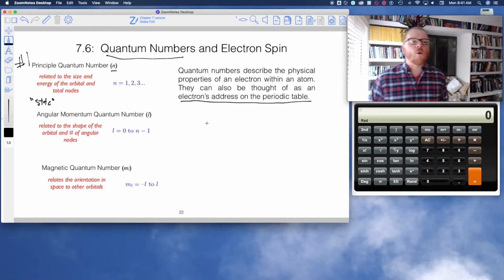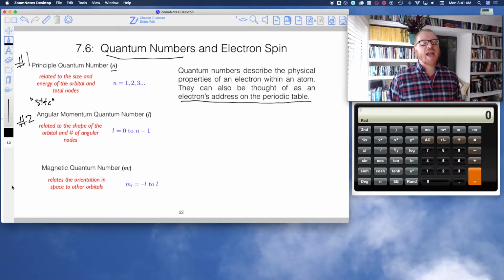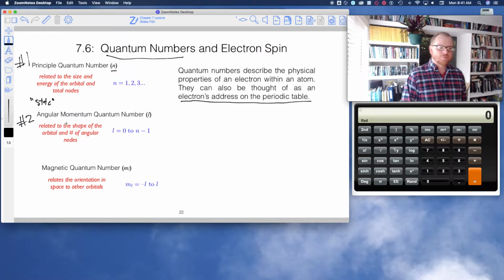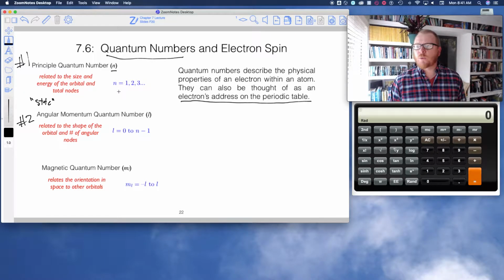And so now we go to the next hierarchy, number 2, the angular momentum quantum number. So this describes the angular momentum of an electron, okay? Oh, and by the way, principal quantum number, we talked about this earlier. It's just integer values. 0 doesn't count. So it's just 1, 2, 3, 4, 5, 6, 7, 8, 9, 10, et cetera, okay?